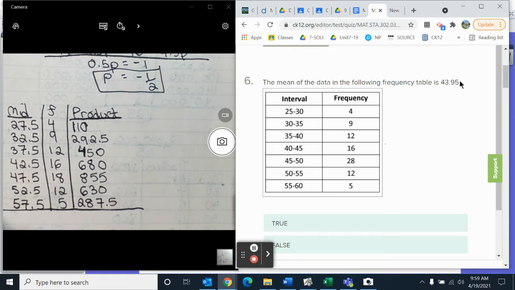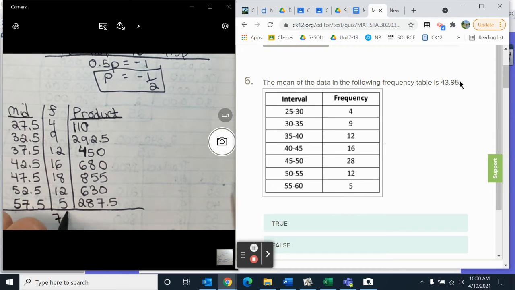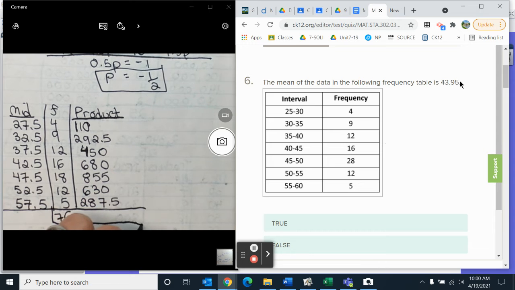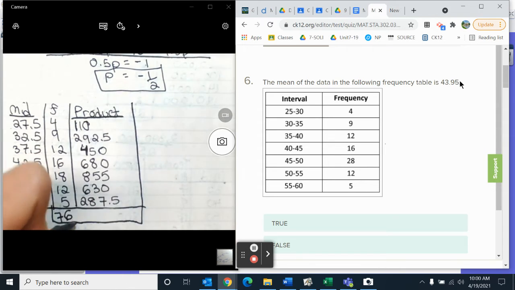Now finding the sum. 4 plus 9 plus 12 plus 16 plus 18 plus 12 plus 5. That's a total of 76 frequencies. So 76 total objects.